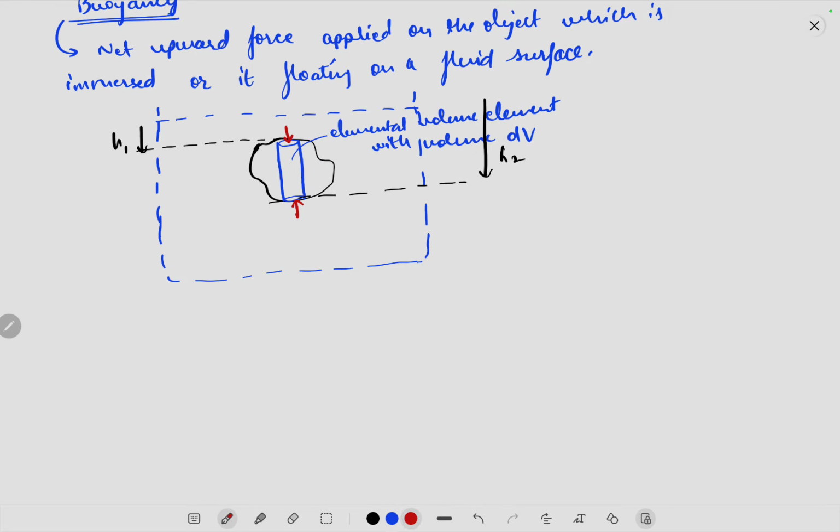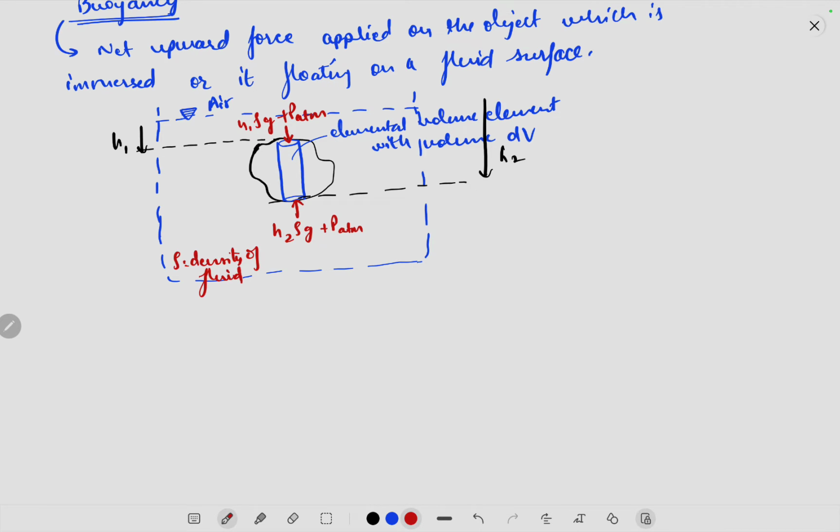The pressure applied on this surface of the volume element will be h1 rho g plus p atmosphere. Let's say this is the free surface, this is your air. So this value will be h1 rho g plus p atmosphere. And what would be this one? This would be h2 rho g plus p atmosphere. Now rho is the density of this fluid.